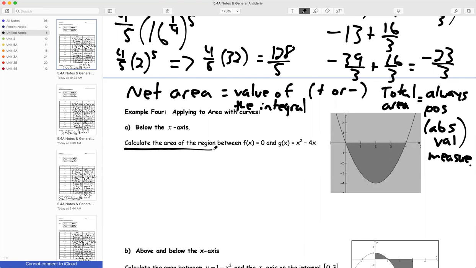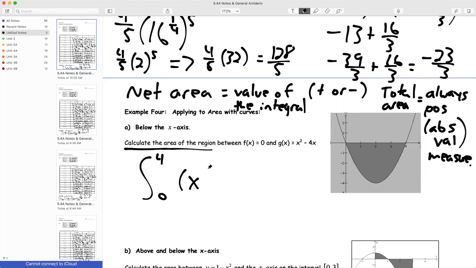Okay, so here it says calculate the area of the region between f of x is equal to 0, excuse me, and g of x is equal to x squared minus 4x. This is total area. All right, because I'm finding how much area here is bounded by these parameters. So I am going to integrate from 0 to 4.